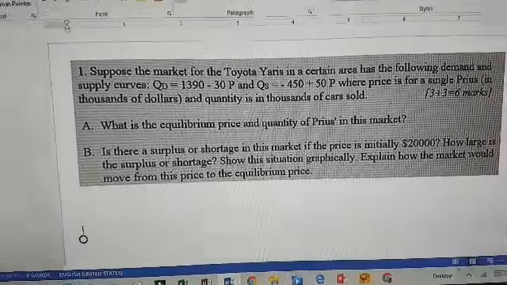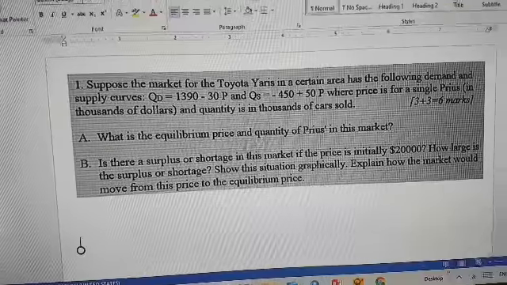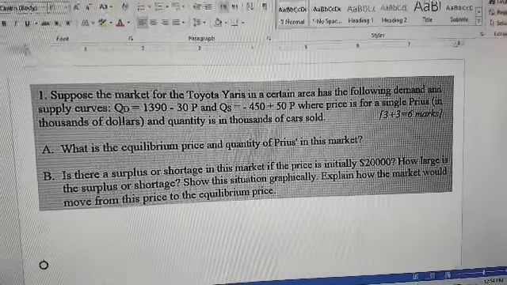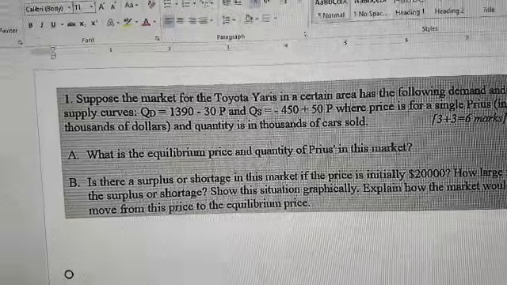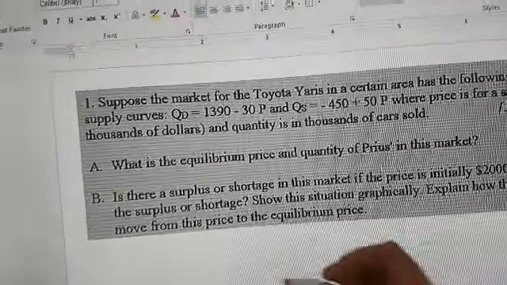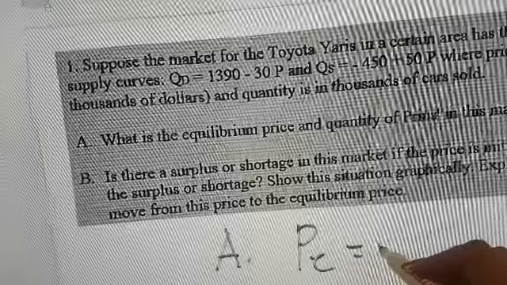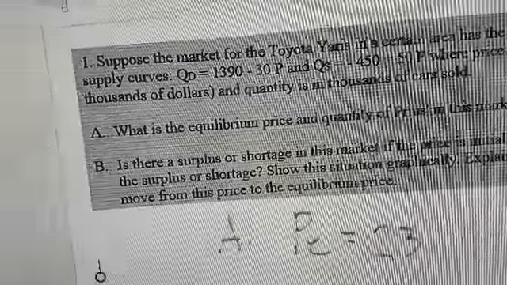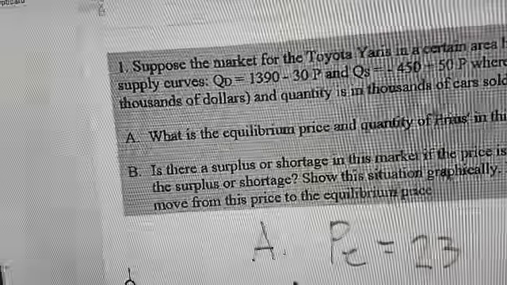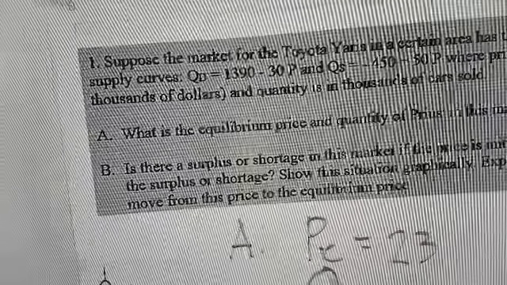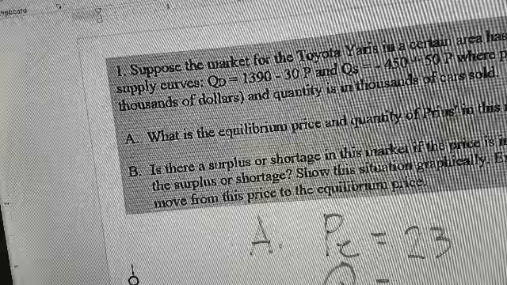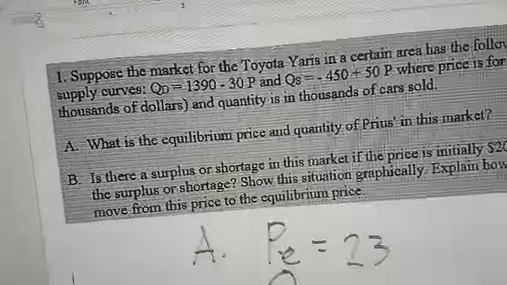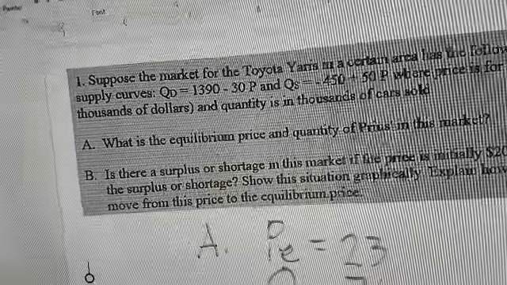Right, so for the equilibrium price that question A is asking, so that would be PE. So for question A, the PE is 23,000, and then the equilibrium quantity will be 700.